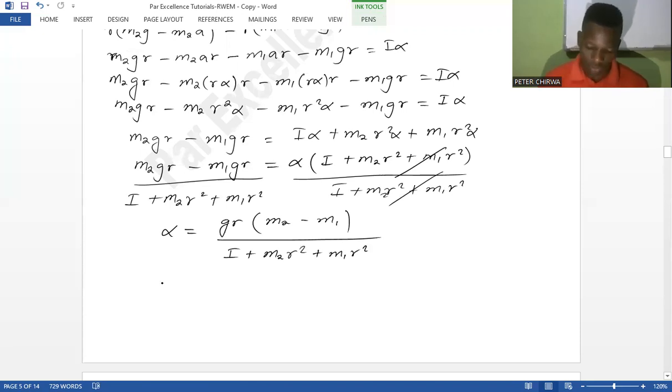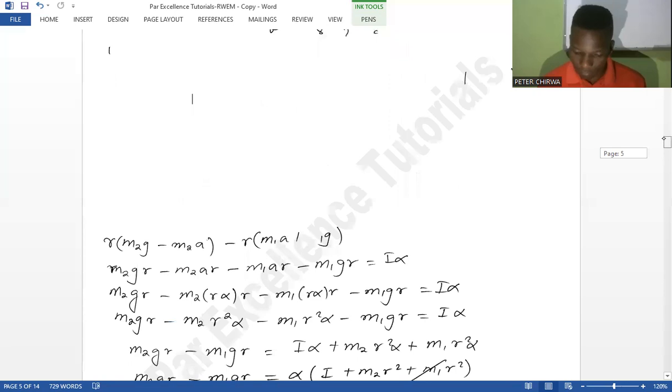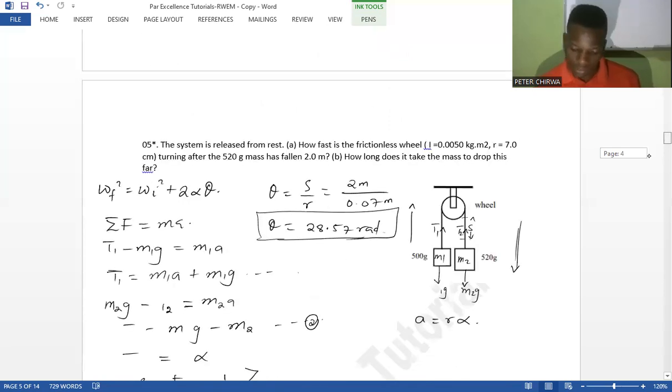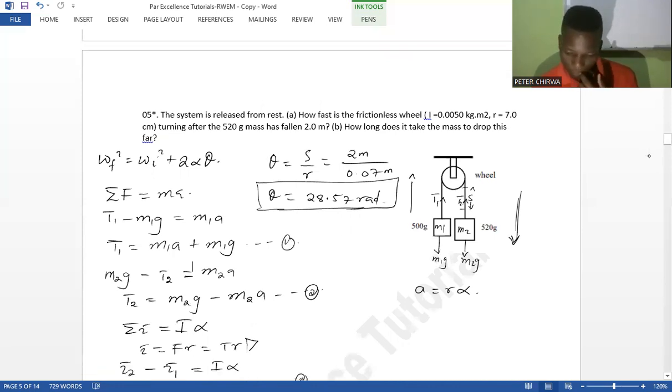So now from here we can get the angular acceleration. So our g is 9.81, and the radius here is 7 centimeter.